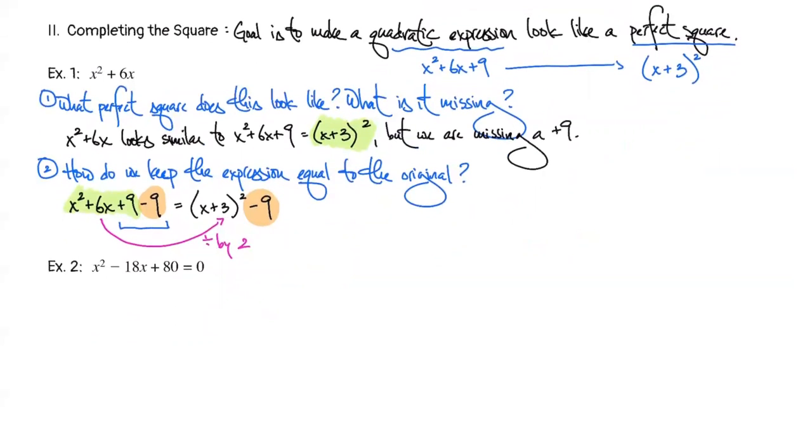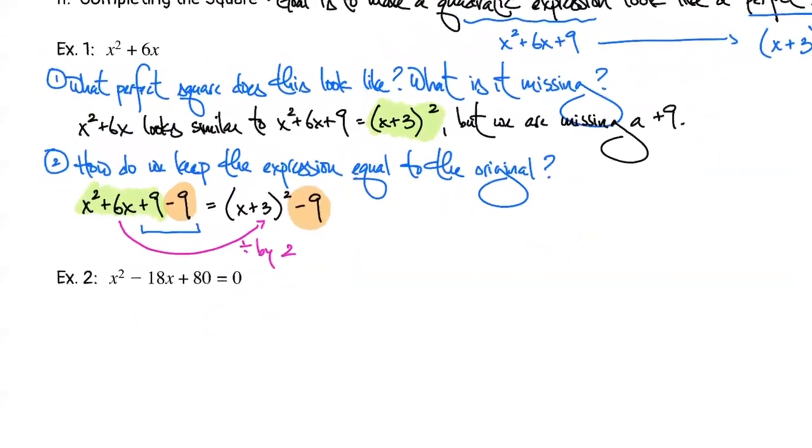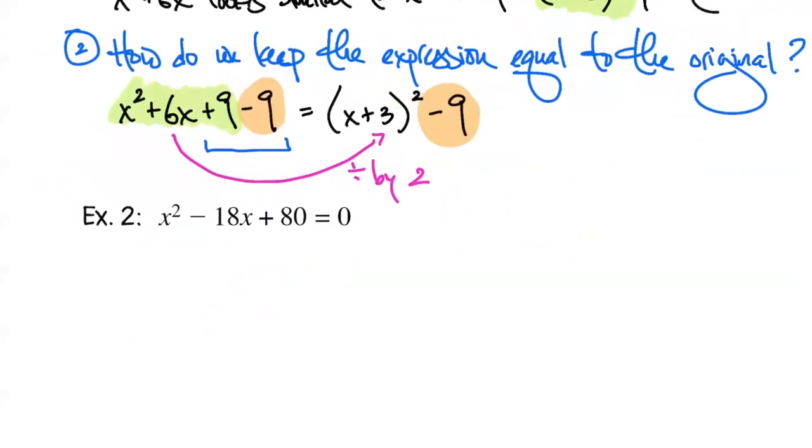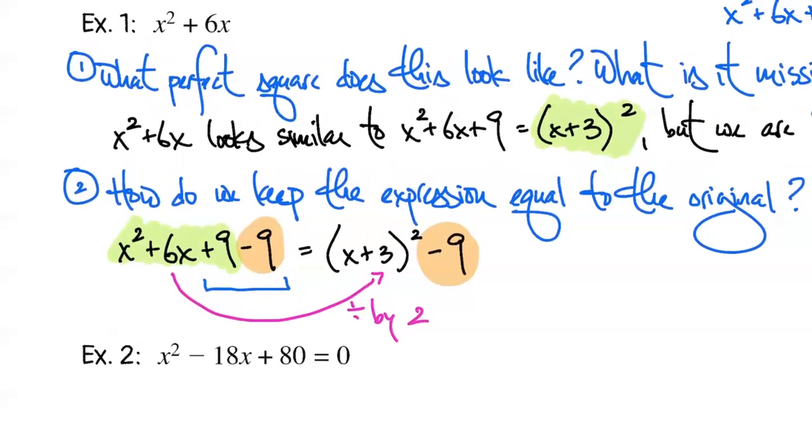Let's try this with the second example. Okay. So here's my suggestion for this one. In the previous question, we were looking only at something that had a quadratic and a linear term.